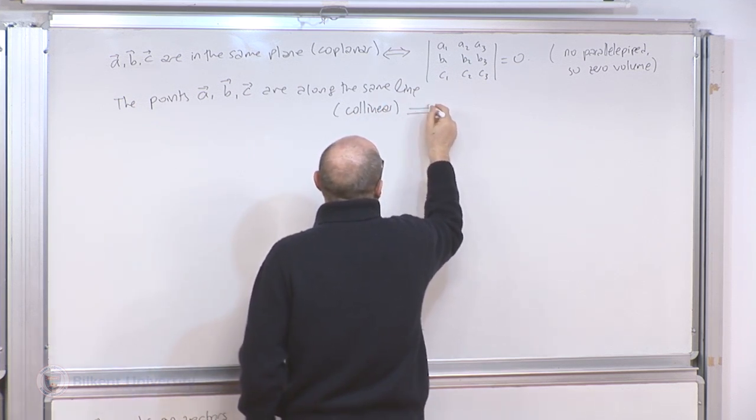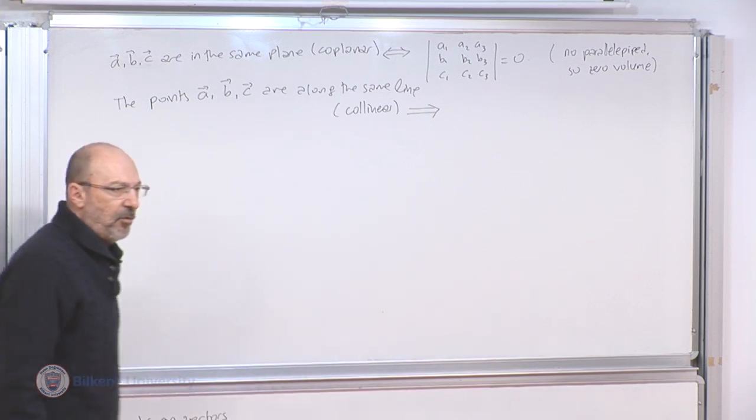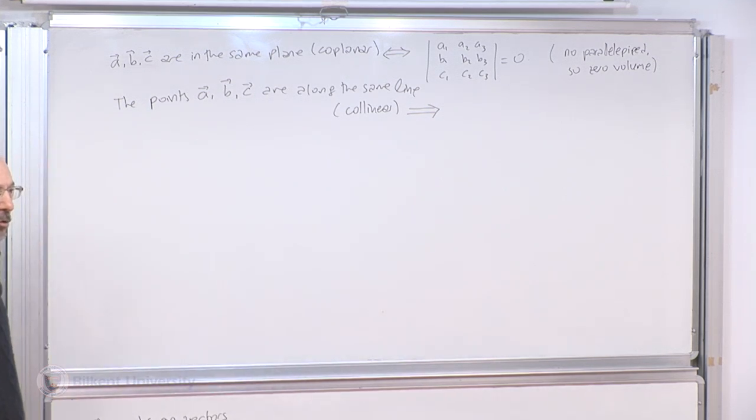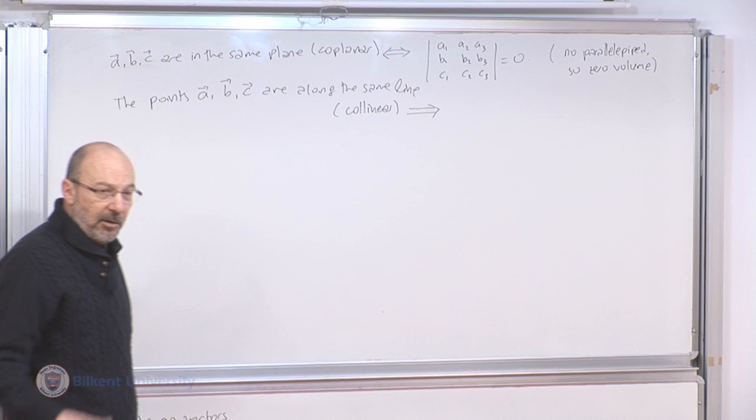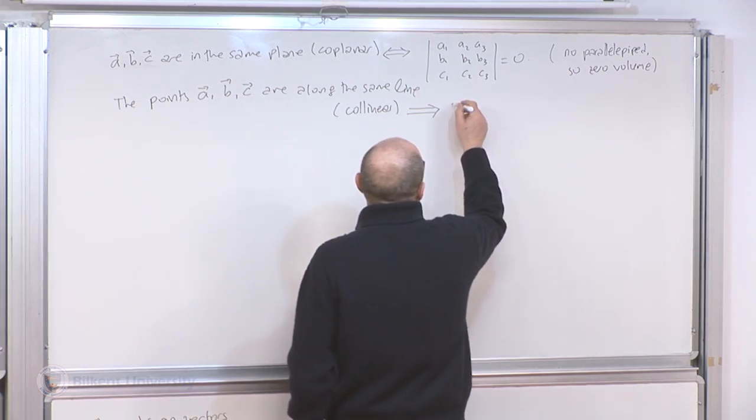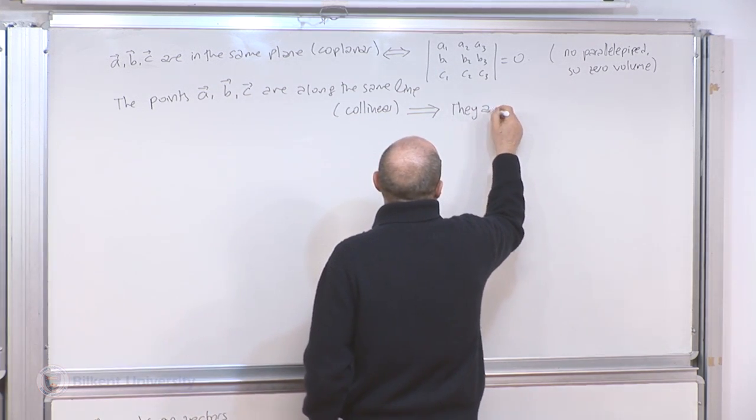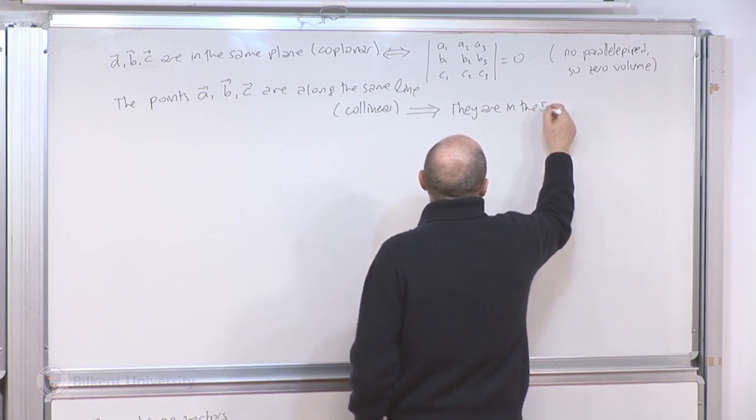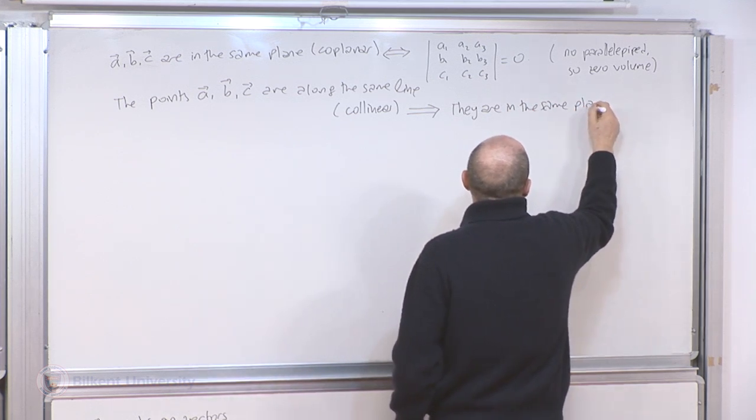But now we have an implication only in this form, but we will use it backwards to get some result. If they are along the same line, then they are in the same plane.